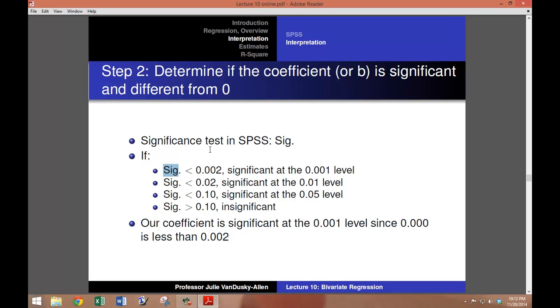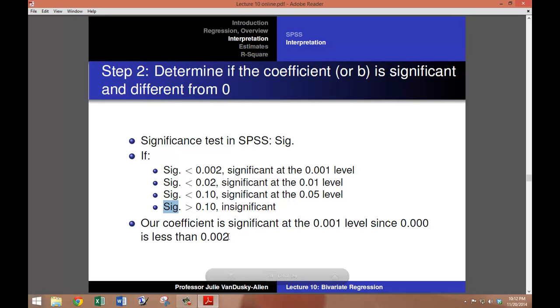If the sig value is less than 0.02, then the coefficient is significant at the 0.01 level. If the sig value does not meet this criterion, then move on. If the sig value is less than 0.10, the coefficient is significant at the 0.05 level. If the sig value does not meet this criterion, move on.